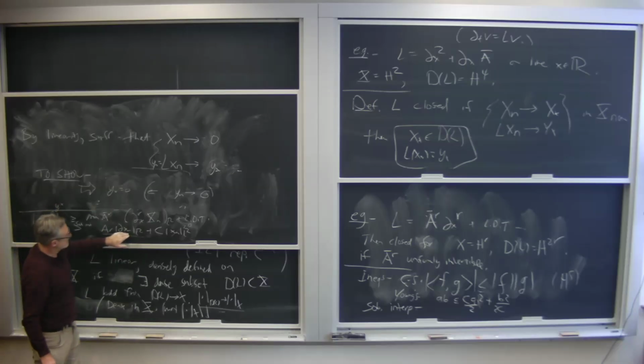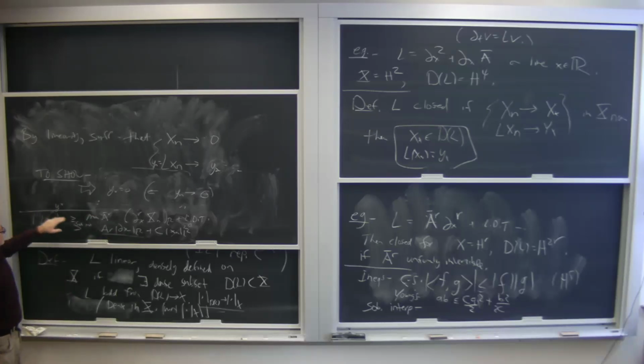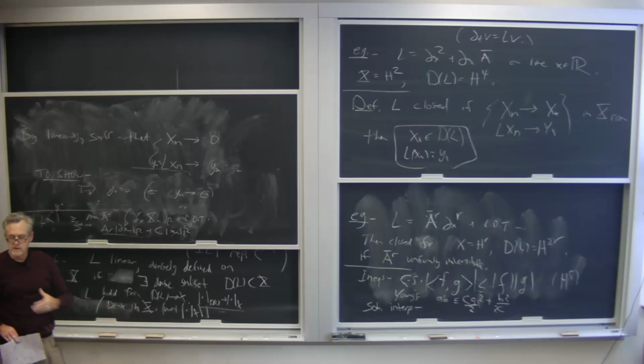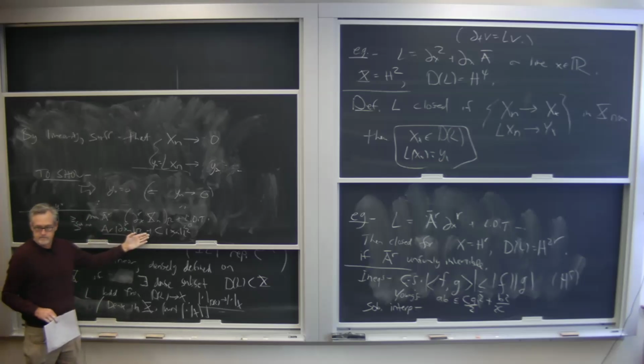The X norm, or the D of L norm, of the limit by the X norm of Y star. That tells me that I'm in the domain of it by properties of weak derivatives. Right?